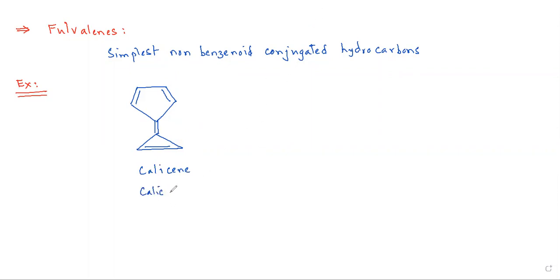As such, calic means couple. Now let us take the resonance form of this one. See, there are of course two possibilities, but let us do it this way.